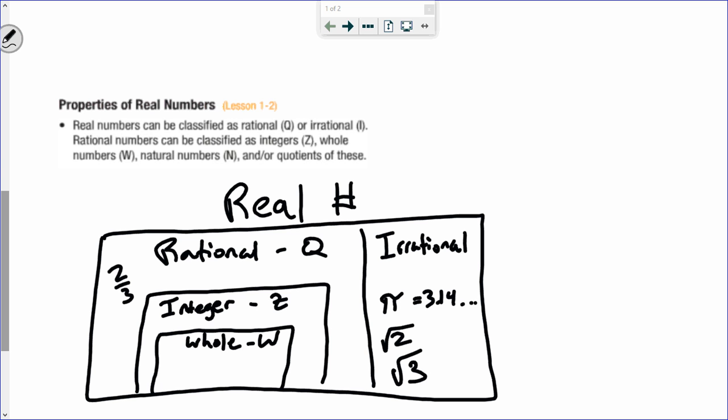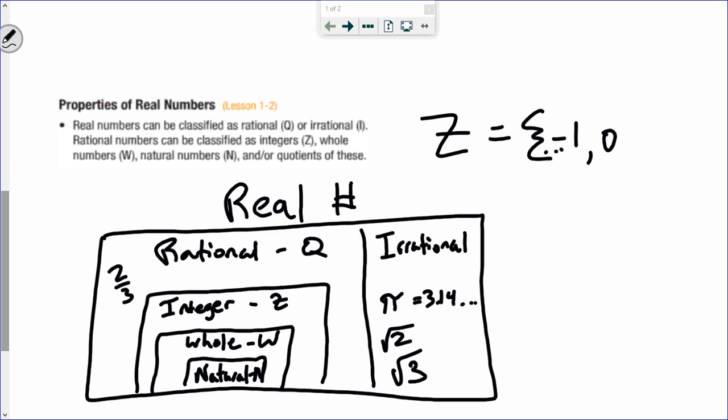That was just a W. And inside of whole, we had natural, which are positive numbers that don't include 0. So, kind of an idea here. Rational and irrational, I think we have a good idea. Integers, which are Z, are the negatives, -1, 0, 1, and all the positives.